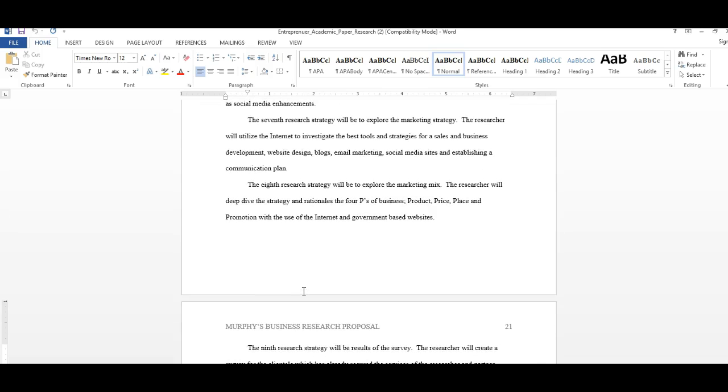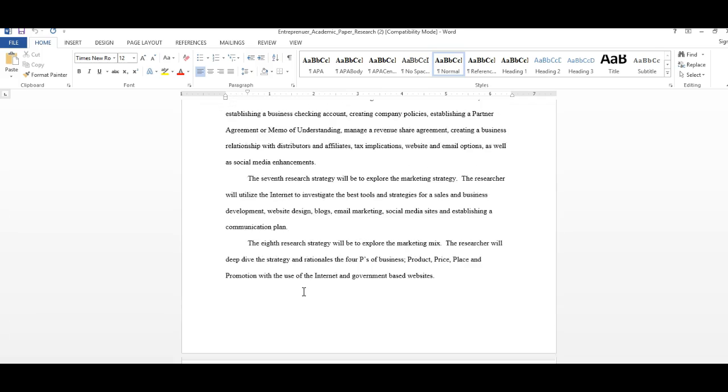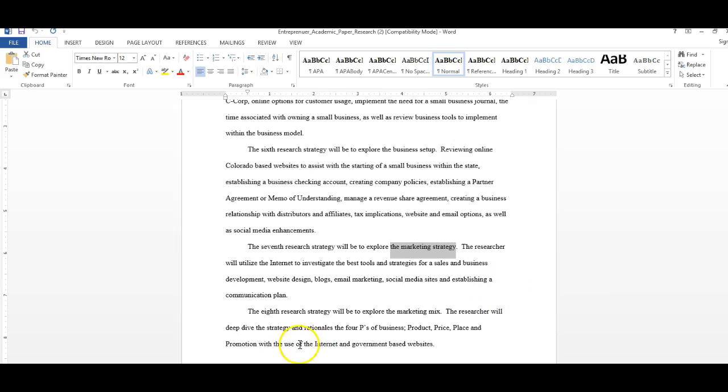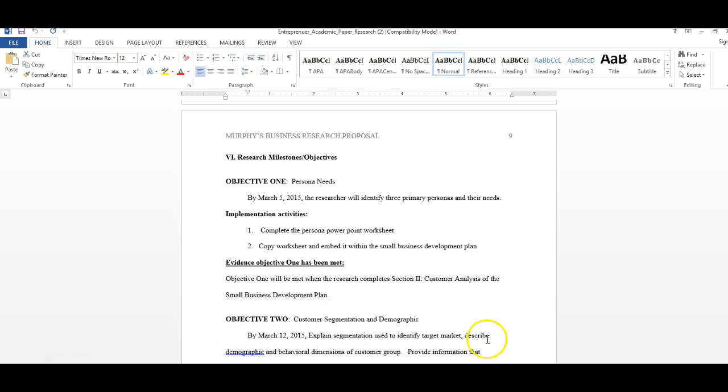But you're not going to just have one kind of research. Notice how what Jason's doing here is he's finding specific areas where he needs to gather information. And if you go to his objectives, so I'm backing up, I'm on page 9 under the milestones and the objectives. Essentially he started where you guys are going to start.